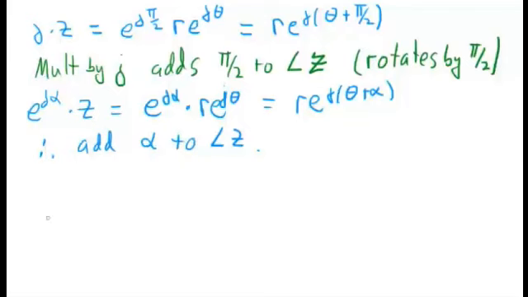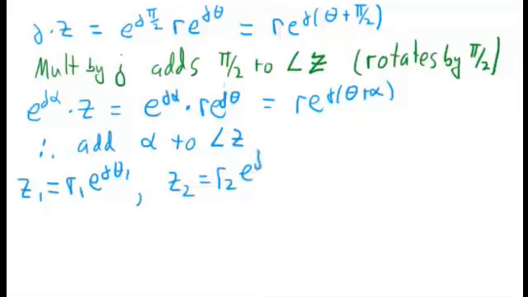Finally, let's do arbitrary multiplication and division using polar coordinates. We'll take an arbitrary number z1, and we can write it in polar form as r1 e to the j theta 1, and an arbitrary number z2, which we can write as r2 e to the j theta 2, perfectly arbitrary r1 and r2. If we multiply these two things together, we get z1 times z2 equals. I won't write it out, but see what you get.